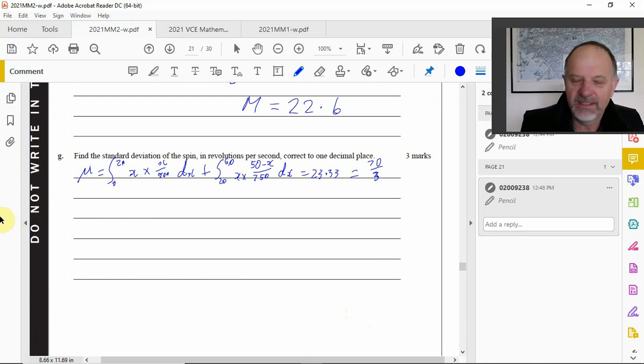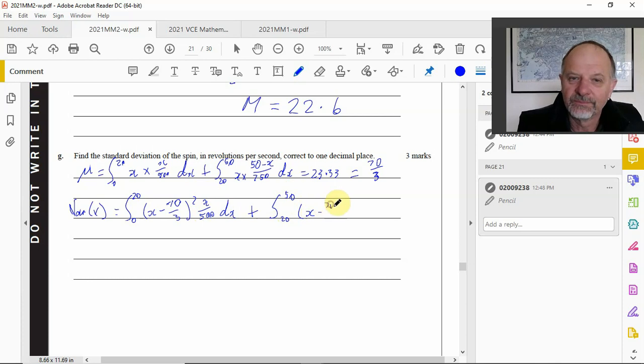So then my variance, and again, this is from the formula sheet, again, 2 parts, 0 to 20, x minus the mean, which is 70 on 3, all squared times my function dx, plus then the other half, the 20 to 50, and we've got x minus the mean again, squared times the function, which for this part is the 50 minus x on 750, dx.